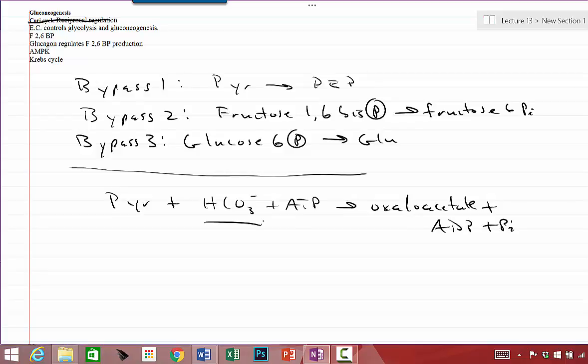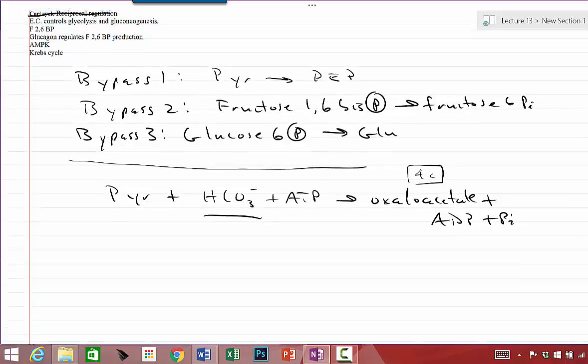Starts with a B. Bicarbonate. Okay, so this is bicarbonate and ATP. Oxaloacetate has 4 carbons on it, just to let you know, and you should probably really understand its structure, maybe even memorize it. It's not that hard. It's 4 carbons long.